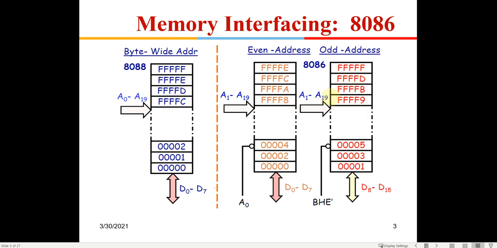So for 3 different combinations, you require 2 digital inputs. One is A0, one is BHE. Although here it is shown for simplification that this chip is selected with A0 and this with BHE, we know we are going to use a chip select logic to select the appropriate chip here.